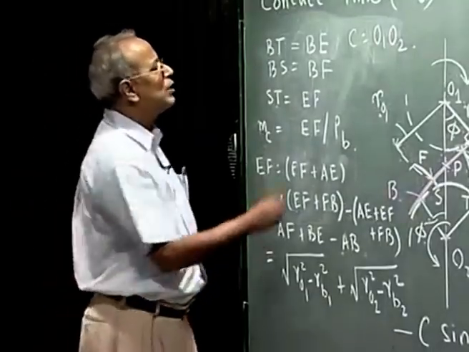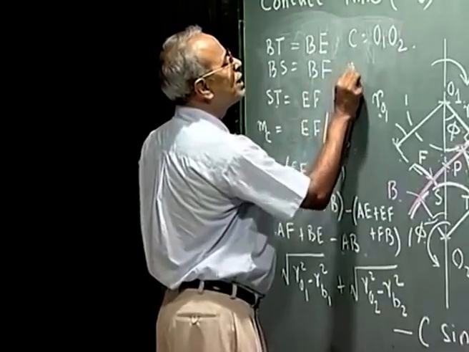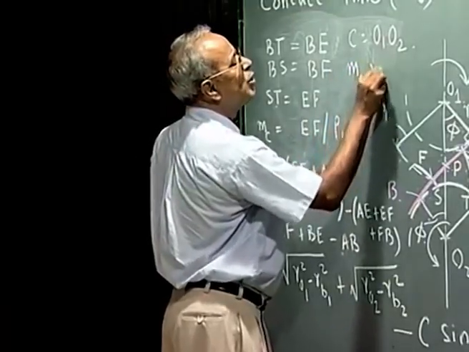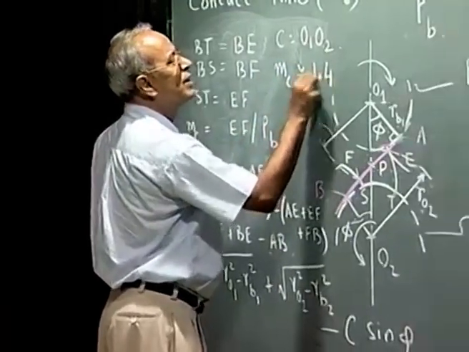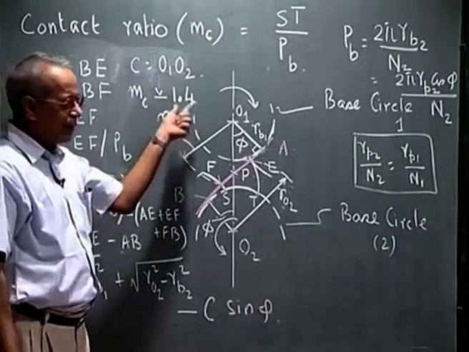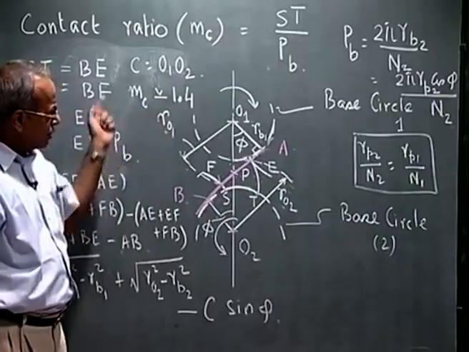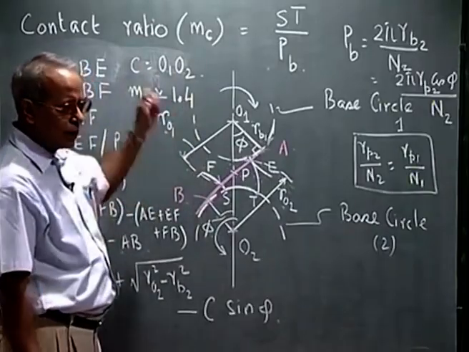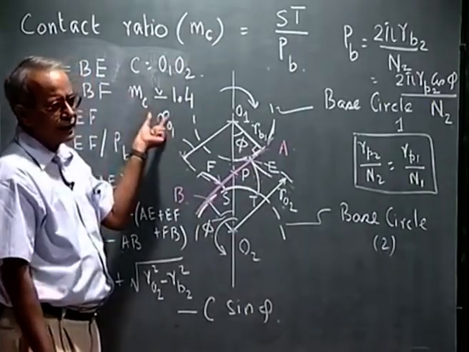The recommended value of the contact ratio for a pair of involute gears is 1.4. What does that mean? This is not an integer. It means that during some phase of the contact, only one pair of teeth is in contact.